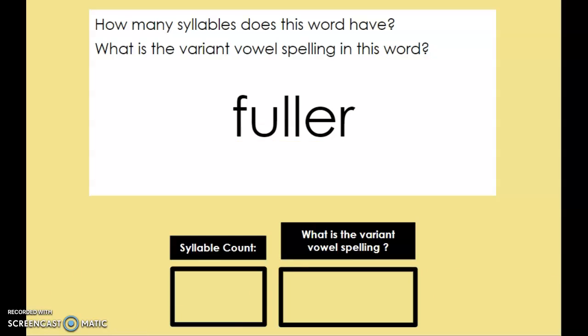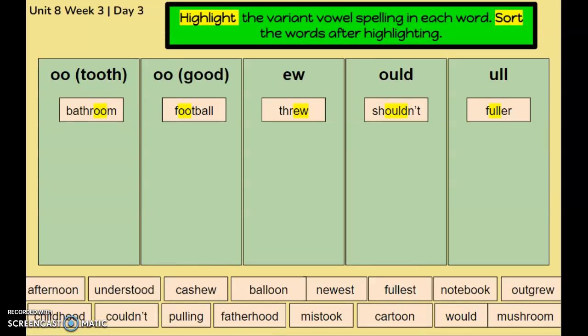And finally, fuller. How many syllables does this have? 2 syllables. And the variant vowel spelling I see in this word is U-L-L, so I'm going to put U-L-L.